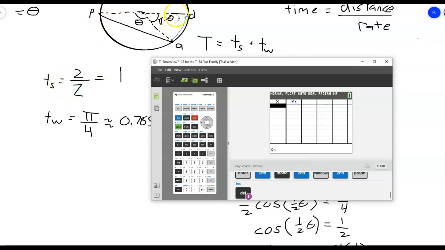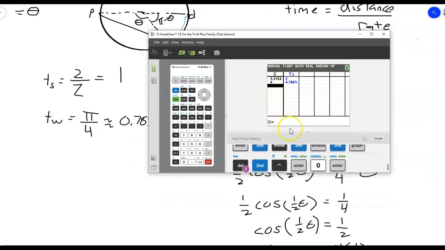So he swims from here to here, which means our theta is going to be equal to pi, because it's going to be half of a circle. So let's see what we have when we put a pi in there. Sure enough, we get the 1 there. Now, if he walks the entire way, that means our theta is going to be equal to 0. Let's put a 0 in there.